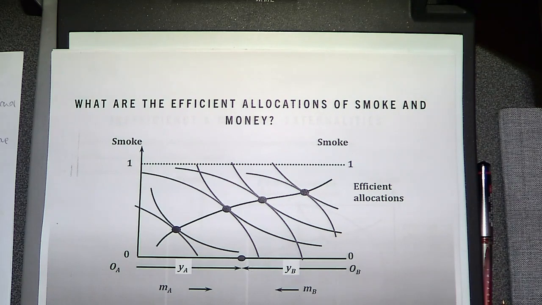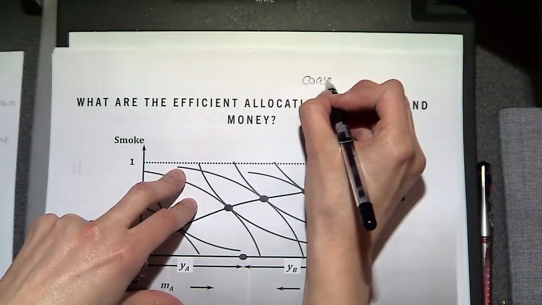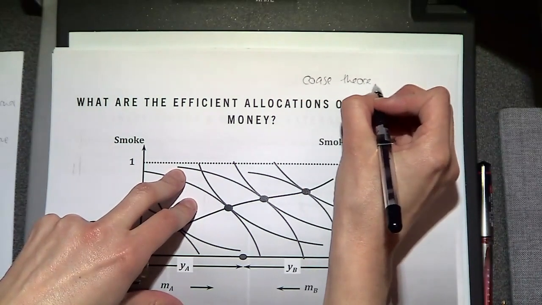Right, so now the problem is to find an efficient allocation here, and here we are going to link with the concept of the Coase theorem, which you have in the slides anyway.